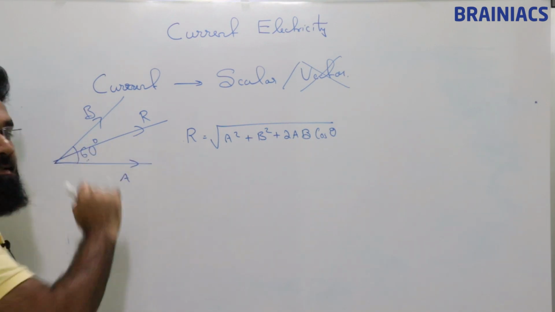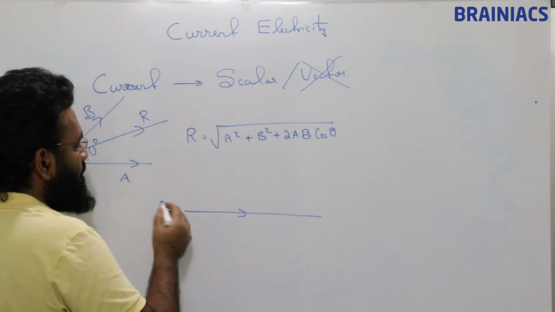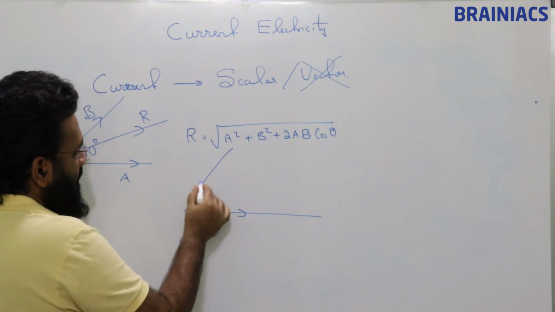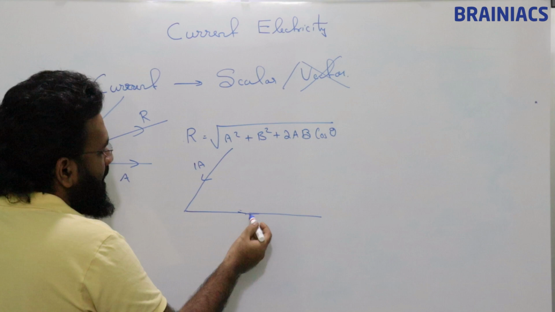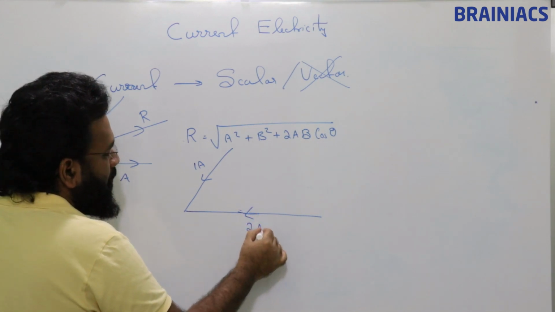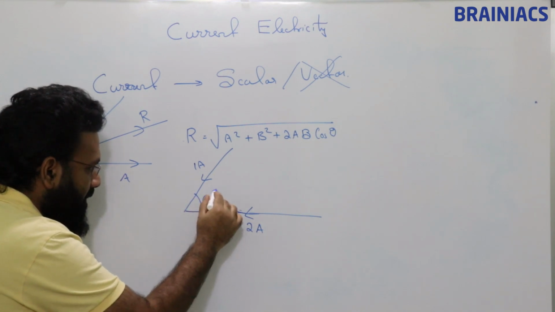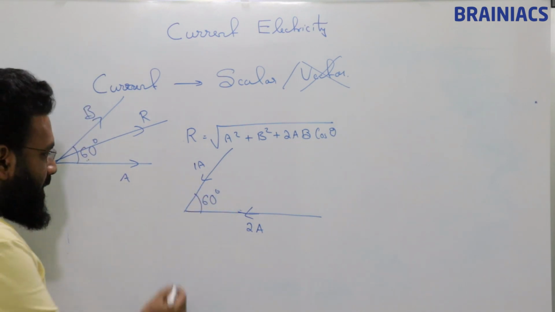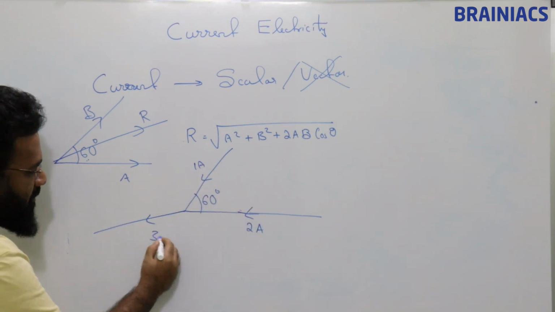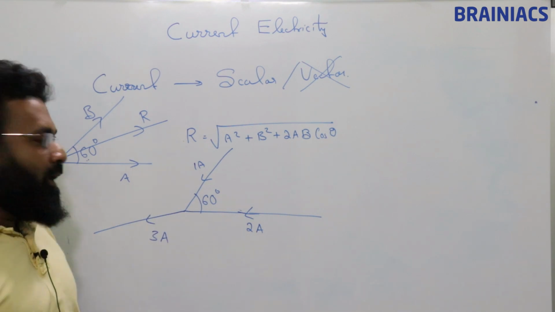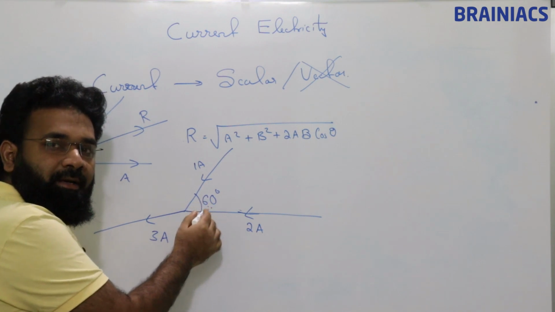So this angle matters. Now suppose a 1 ampere current is coming like this, and another 2 ampere current is coming like this. If the angle between these two is 60 degrees, the third line is going to be 3 ampere. We don't consider this angle, whether it is 60 degrees or 90 degrees, whatever it may be.